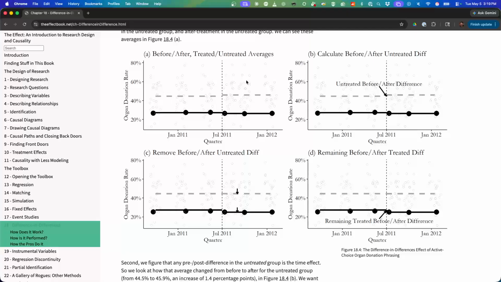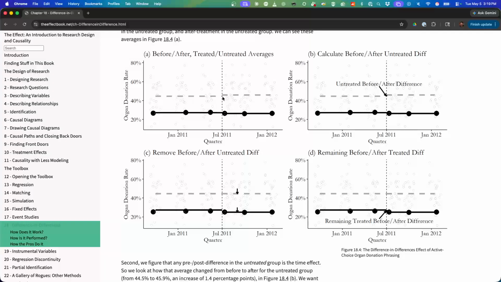All of the other dots that you see in this plot, the light gray ones, are all the other states. And these are acting essentially as controls. And maybe it's a little bit hard to see, but this dashed line indicates what the average organ donation rates were in other states prior to and post-treatment.